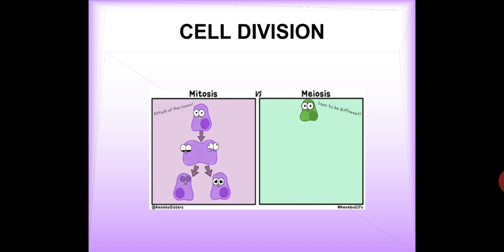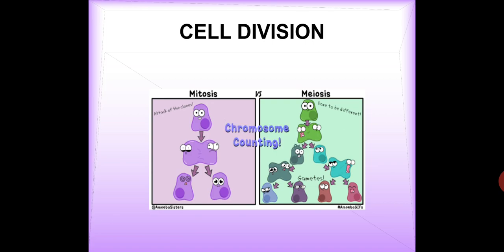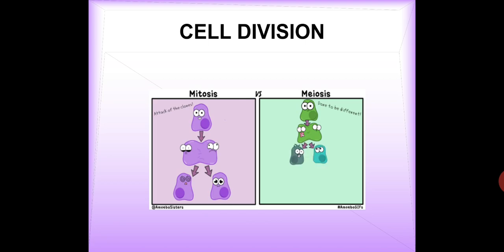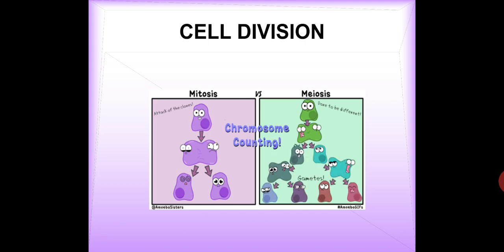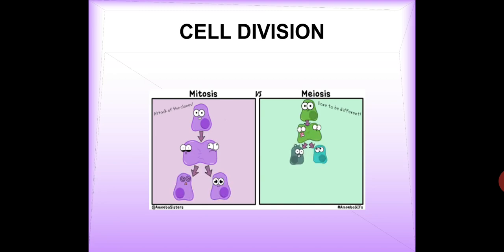In mitosis, one cell divides into two daughter cells and they have the same number of chromosomes as that of the parent cell. Whereas in meiosis, one parent cell divides into four daughter cells having half the number of chromosomes as that present in the parent cell.